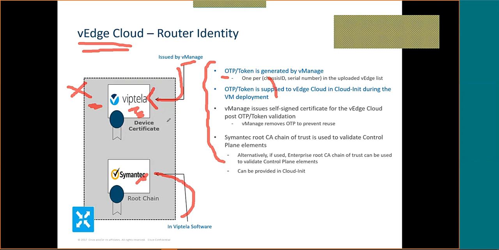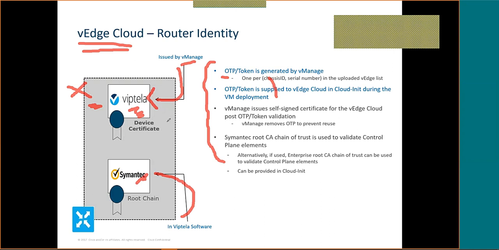So simply there are two points. The first point: virtual machine based routers are routers with no inbuilt certificate. They have an option to get the device certificate from vManage, acting as an internal certificate authority. Now there is a process to obtain the certificate from vManage, which is the second point.